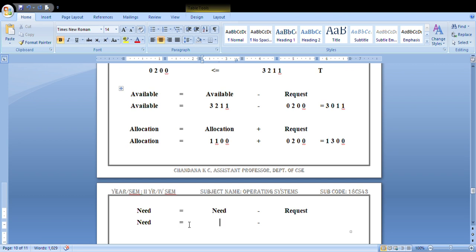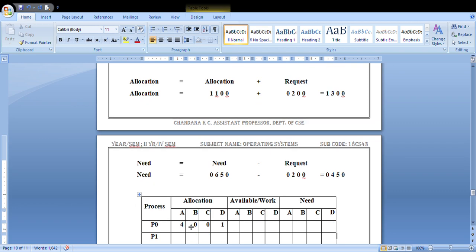For calculating the need value, the need of your P1 process previously is 0 6 5 0, minus the requested value 0 2 0 0, which gives the final need value 0 4 5 0.